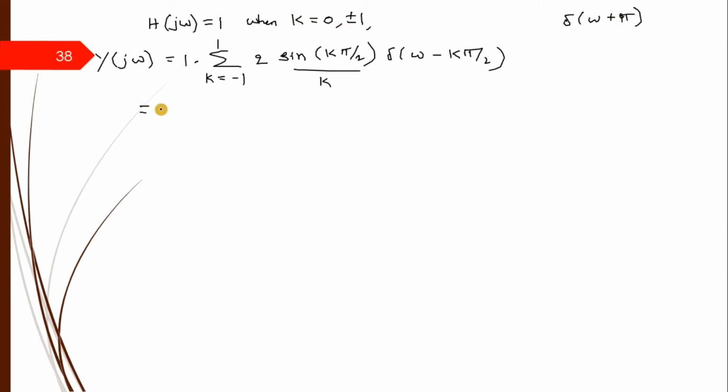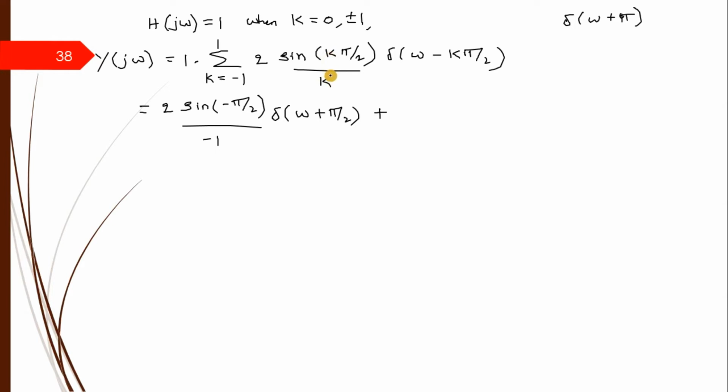Now, so I write it. First I substitute k equal to minus 1. What do you get? 2 sine of minus pi by 2 divided by the k value, minus 1, delta of omega plus pi by 2, because k is substituted as minus 1. Then plus, when you substitute 0, sine 0 divided by 0.